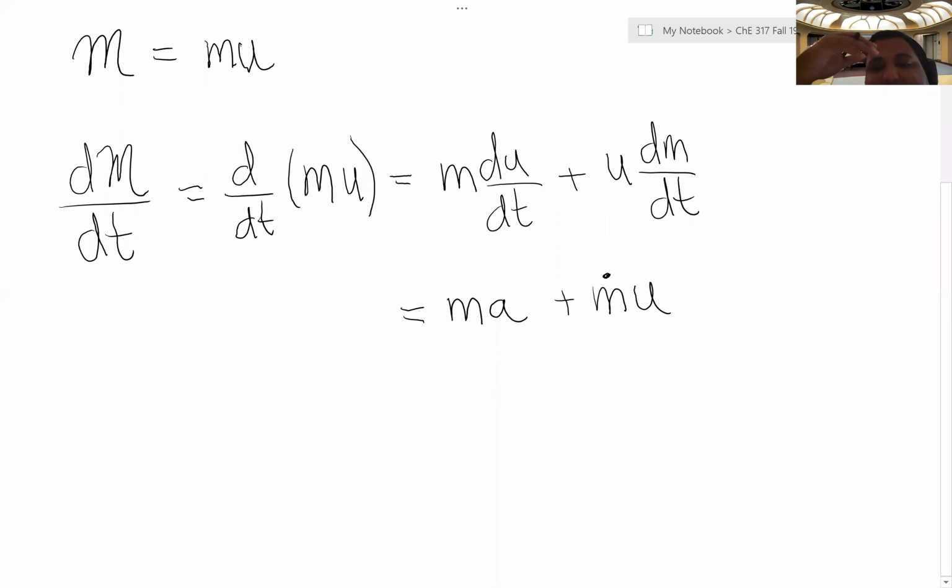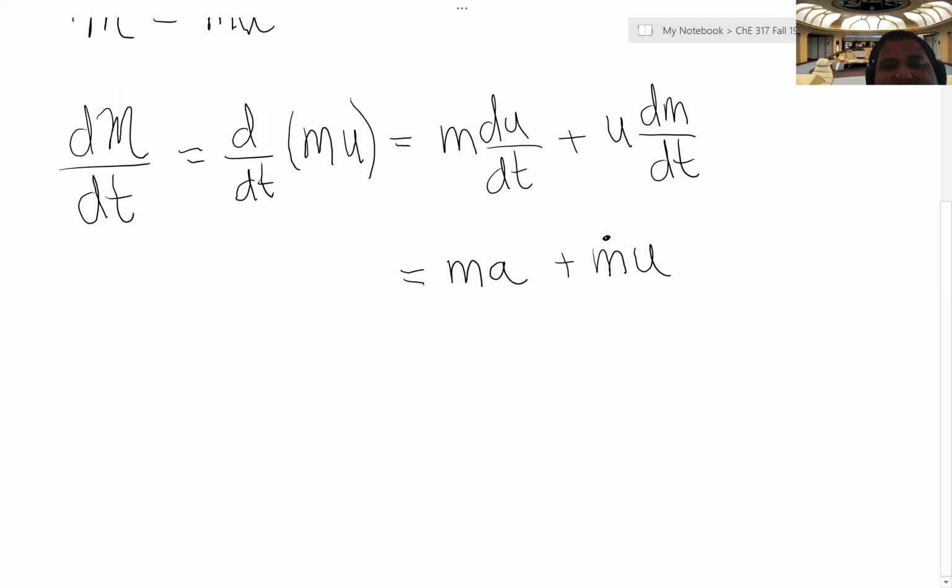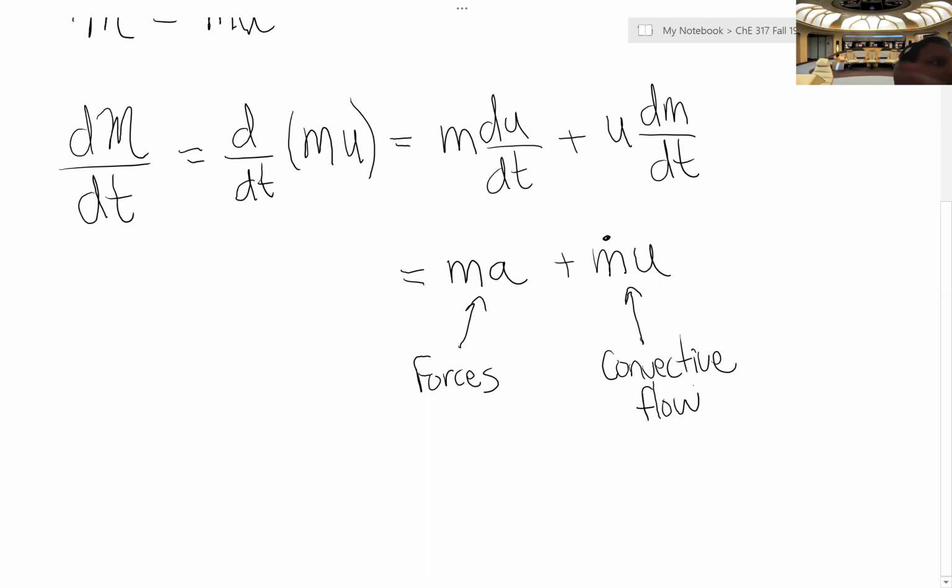And so what this tells me is that if I look at a momentum balance, I can state that my change in momentum in my system at any one time is a result of acceleration, or what I would consider forces acting upon my system, resulting in whether it has a net acceleration or not, as well as flow, or convective flow, acting upon my system.